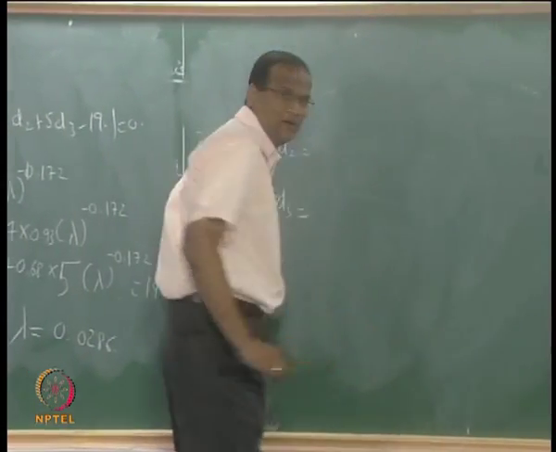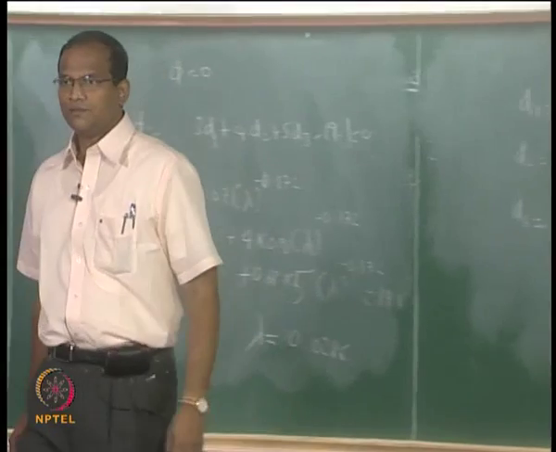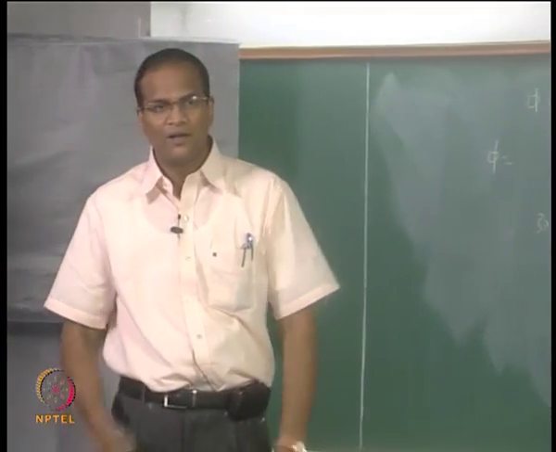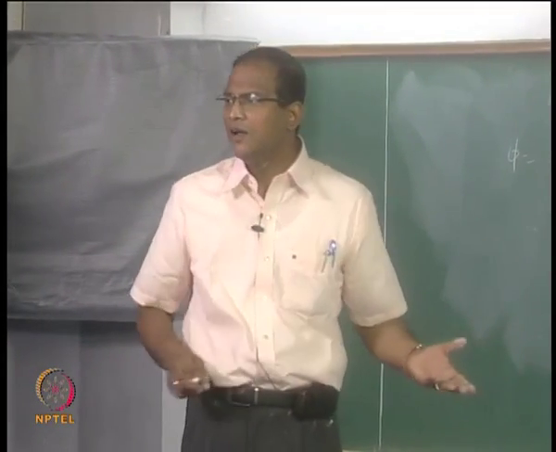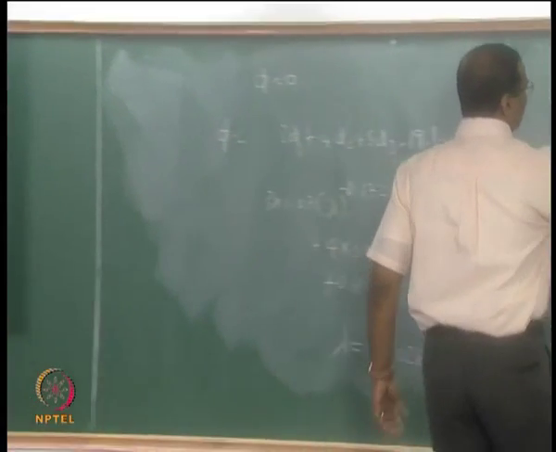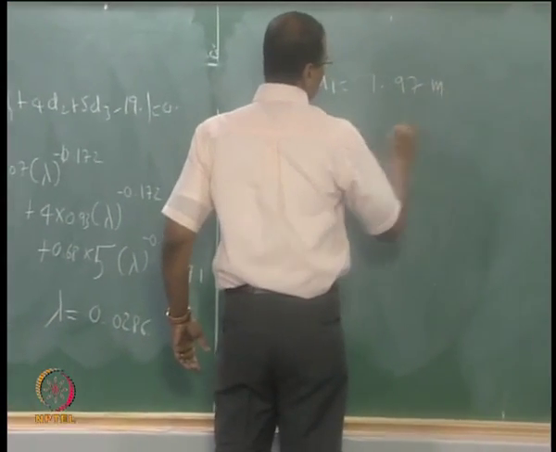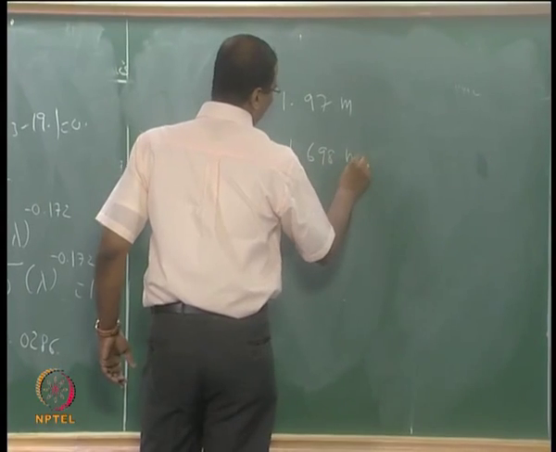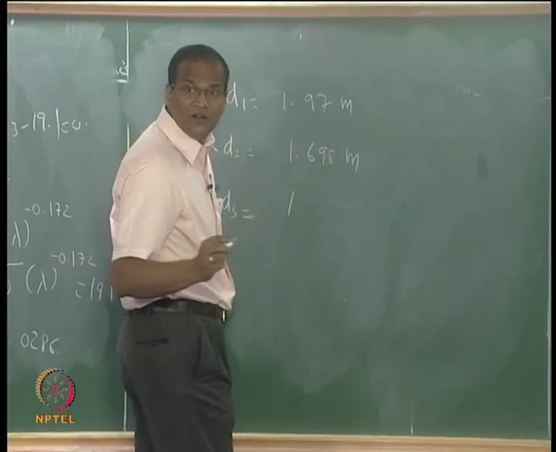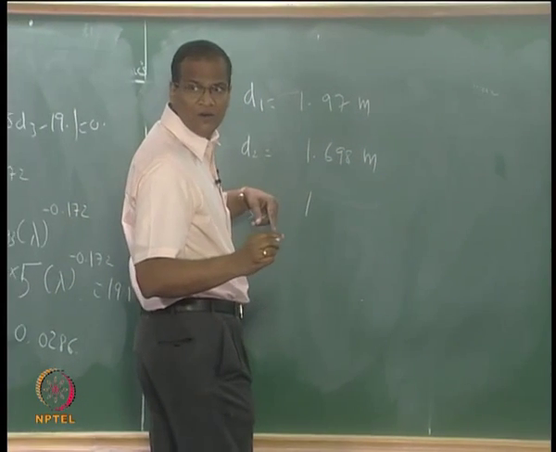Now tell me D1, D2, D3. Vikram, now you will be happy. Why are you struggling? 1.97? The last one has 1.279.